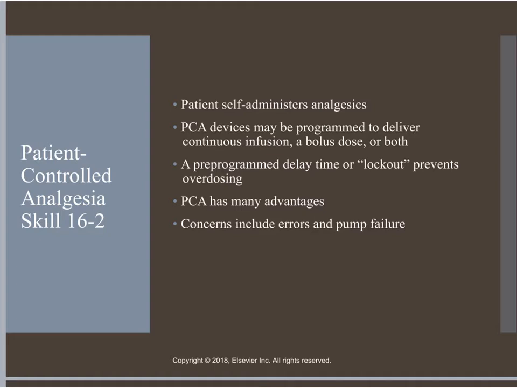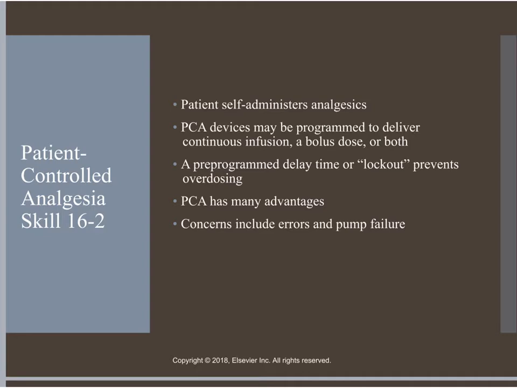Systemic PCA traditionally involves an IV or subcutaneous drug administration. PCA devices are individually programmed to automatically deliver a specific healthcare provider-prescribed continuous infusion, which is known as the basal rate of medication, a bolus dose, which is patient initiated, or both.